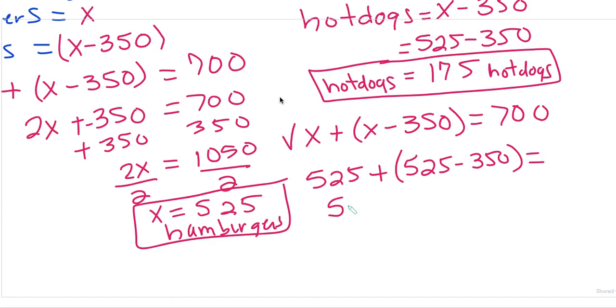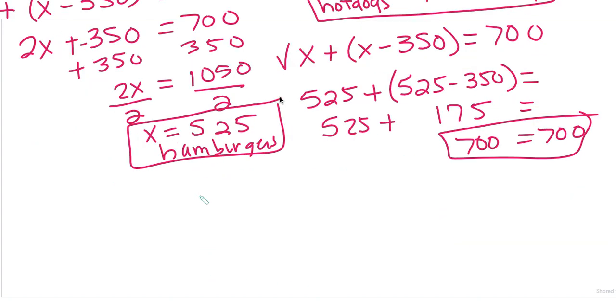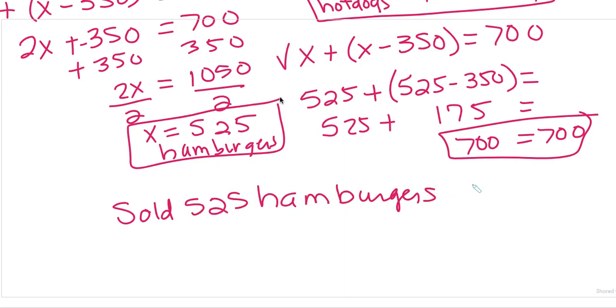So 525 plus 175, and that's going to equal 700. So we know that the restaurant sold 525 hamburgers and they sold 175 hot dogs. And now you've reviewed for your test.